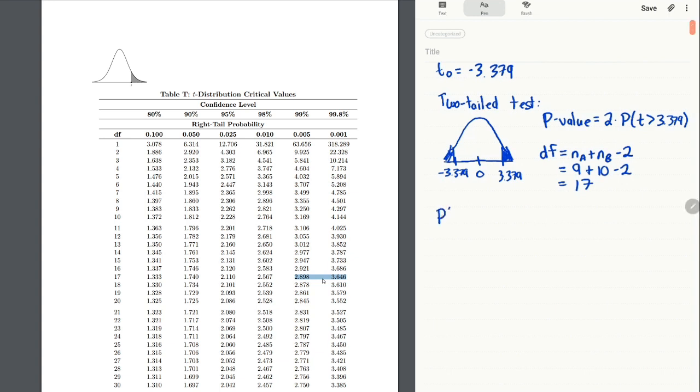Okay, so now let's write down what these values give us. So the area to the right of 2.898 has a right tail probability of 0.005 and the area to the right of 3.646 is equal to 0.001.